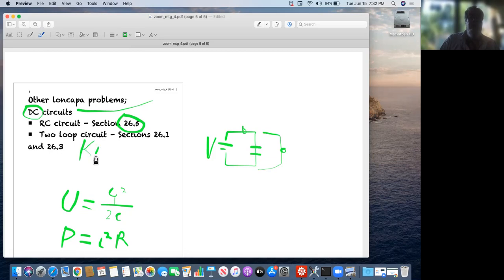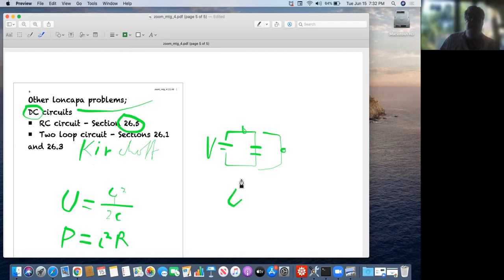There's one equation for each loop. So you're going to have two loops, you'll have two equations. So you sort of have two equations with two unknowns. It's actually differential equations because you're charging a capacitor.